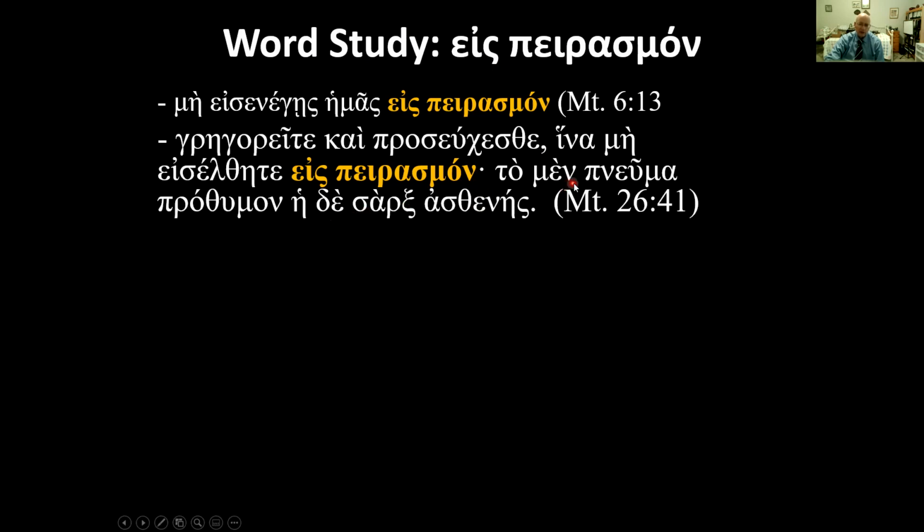On the one hand, the spirit is willing. On the other hand, the flesh is weak. But notice, to enter into temptation, eiselthen, means to come into something. And I'm going to suggest it means to come under the control of temptation.